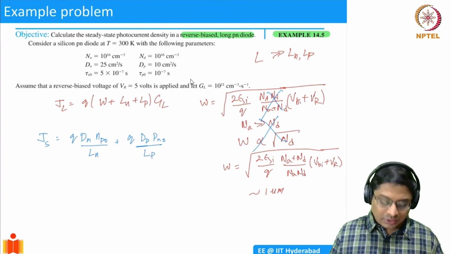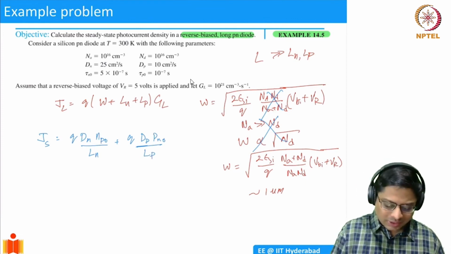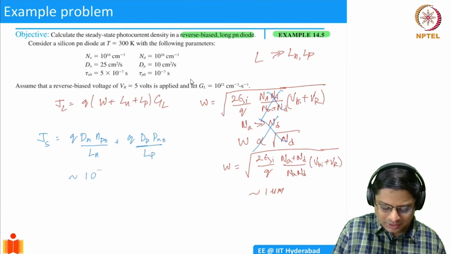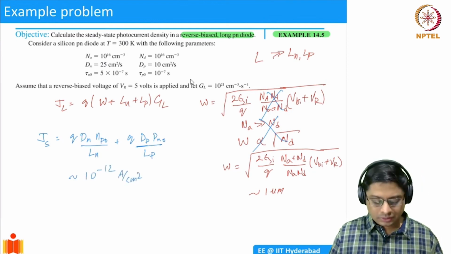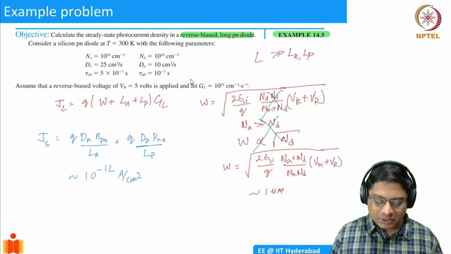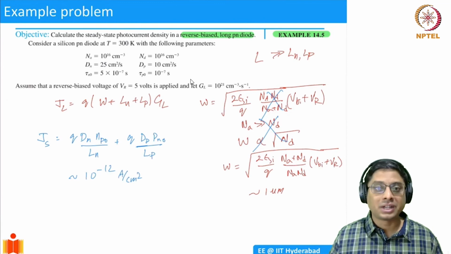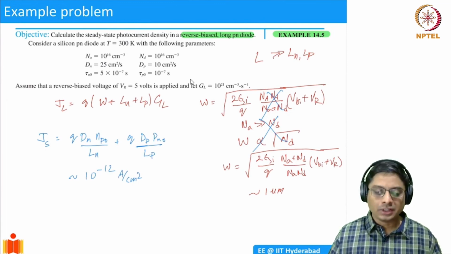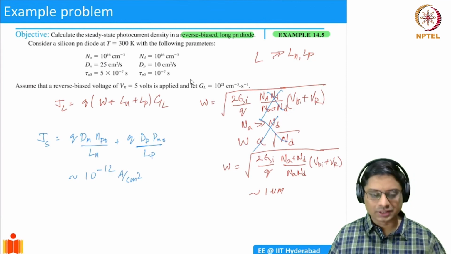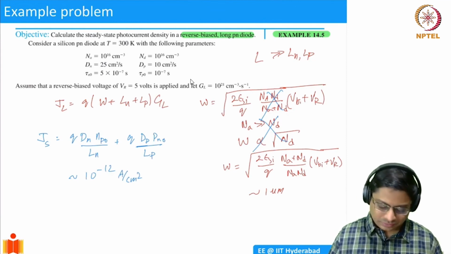Please verify this formula. Okay. So here you saw that this was typically in the range of 10 power minus 12 amps per centimeter square. So this was picoamps kind of current, whereas you see that if you have light induced current, you have about milliamps or even hundreds of microamps or even higher. Okay. So these are very efficient detectors.